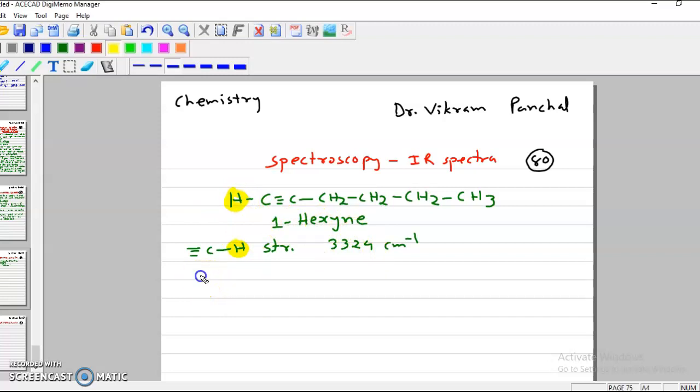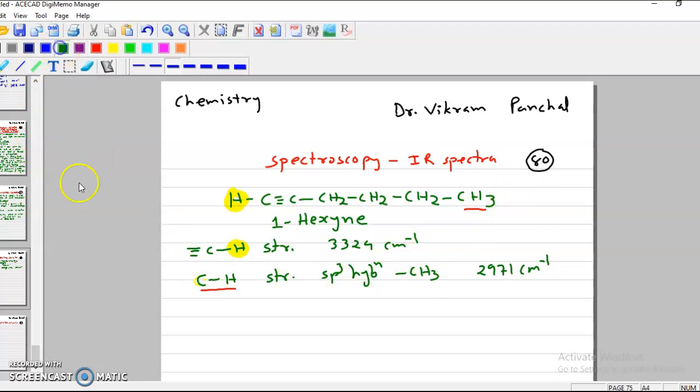Then there will be CH stretching once again for sp3 hybridized carbon, and it is due to the methyl group, the terminal group, which will be at 2971 centimeter inverse. And you know that there is one methyl group over here, so you will get CH stretching because of this CH3 group.